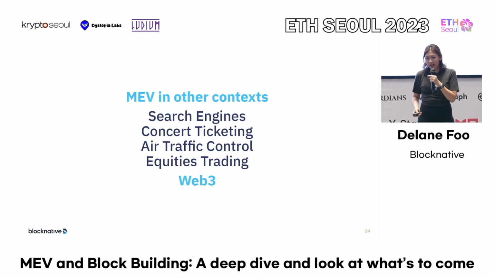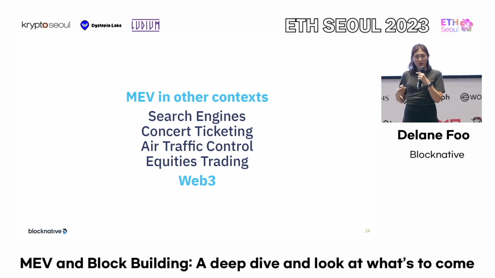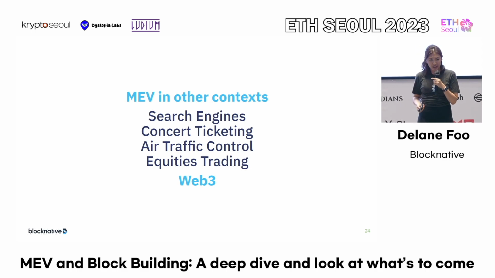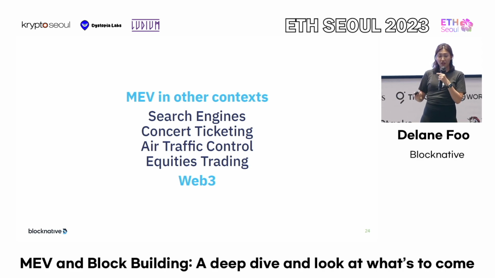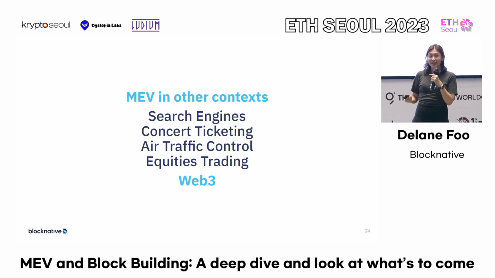So I know MEV sounds pretty uncomfortable, but it's actually everywhere. MEV exists in all ordered transaction systems. In the case of search engines, we all know that search result 1 is better than search result 10, right? Because of visibility, because of click rate.